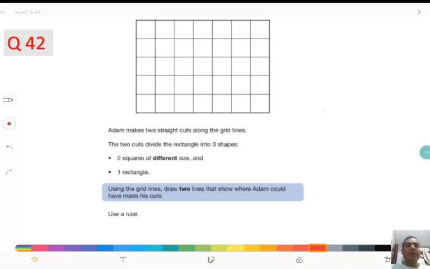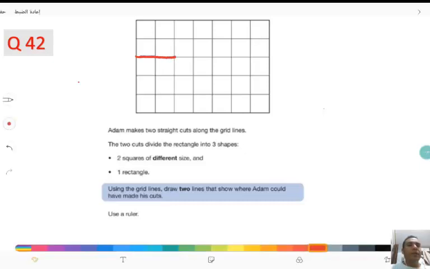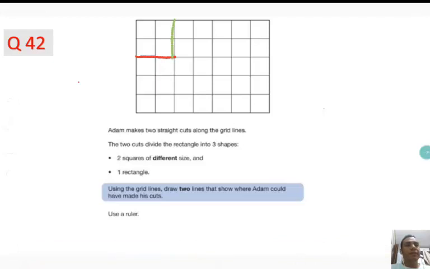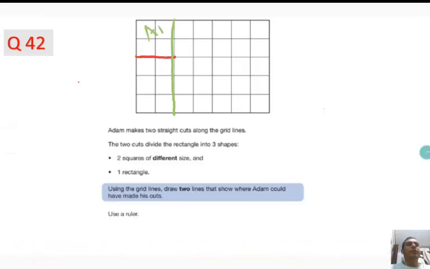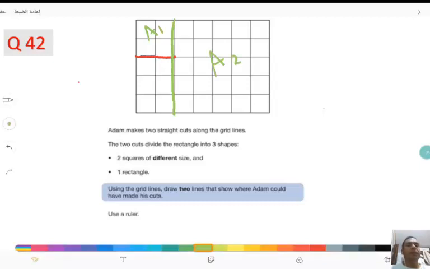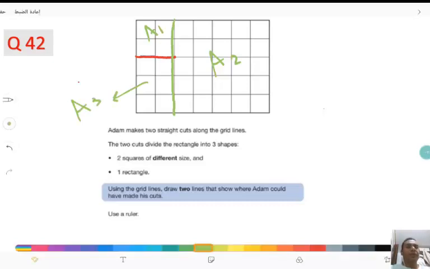Okay, the first line is here up to this point, and the second line I'm going to draw in a different color like that. So now we have square 1, the different area square 2, A2, and we have A3, which is the rectangle.